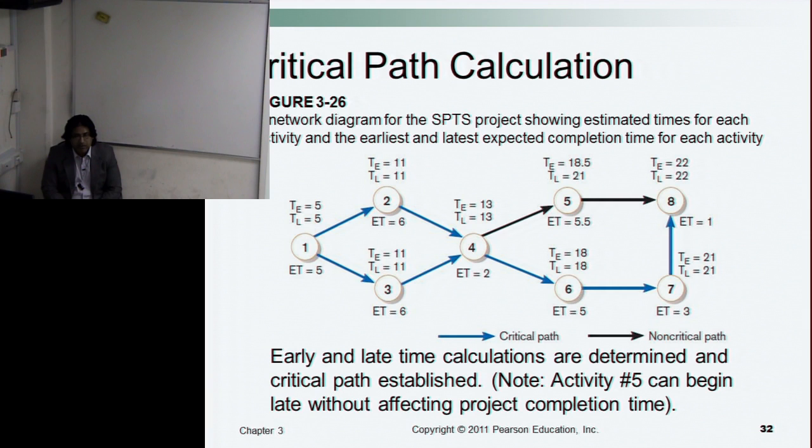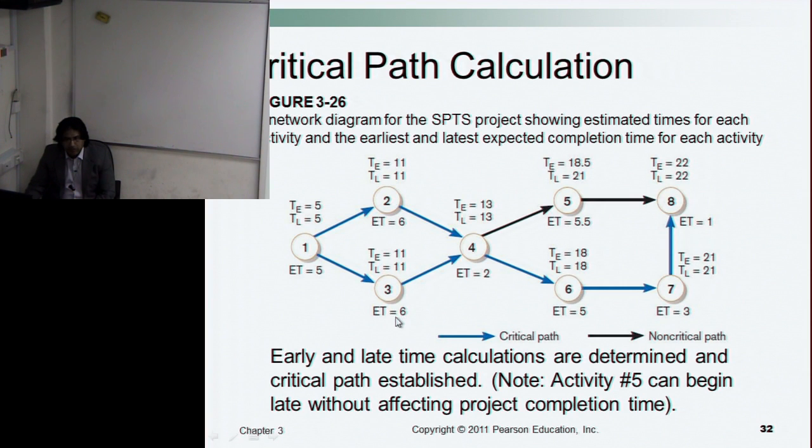for that activity. Remember, expected time is different, earliest time will be different, and latest time is supposed to be different. After calculation, if they remain the same, that doesn't matter. So please do not confuse the expected time with either the earliest time or the latest time. For instance, look at activity 3. What is the expected time for this?